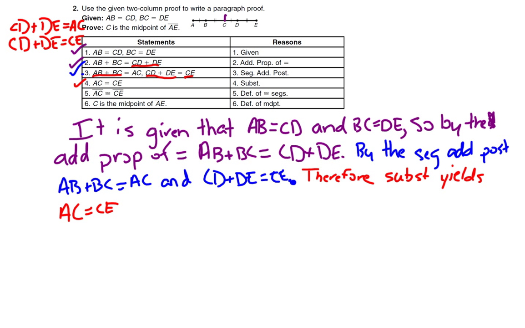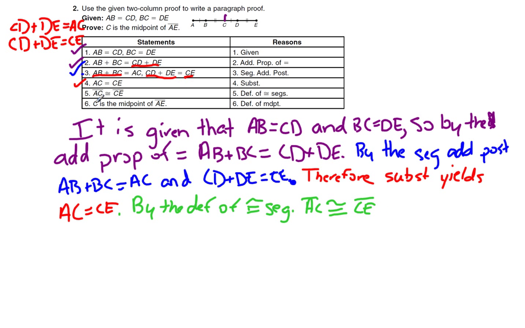Okay. And then this should be pretty straightforward. If the measures of the sides are the same, then we can say by the definition of congruent segments that segment AC must be congruent to segment CE.